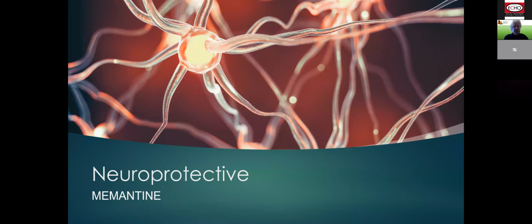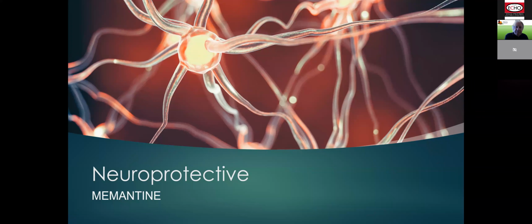So in that category of neuroprotection falls memantine. And I tend to prescribe memantine once daily rather than twice daily. That's particularly true if individuals have reduced renal clearance. So if they have chronic kidney disease level 3 or 4, I just give once a day memantine.